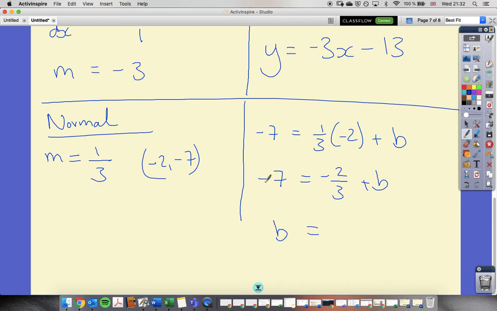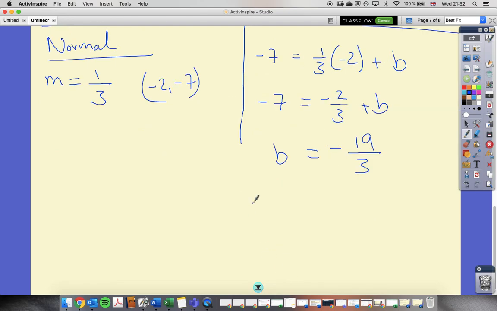So b, I'm going to think of this as -21/3, so we would get -19/3. So the equation for my normal, y equals 1/3 x minus 19/3.